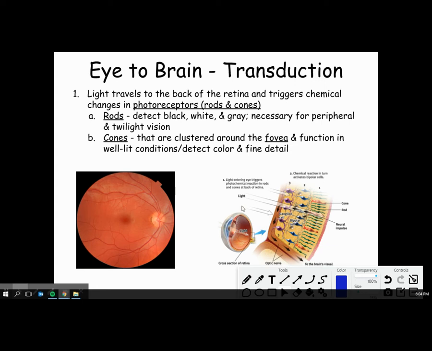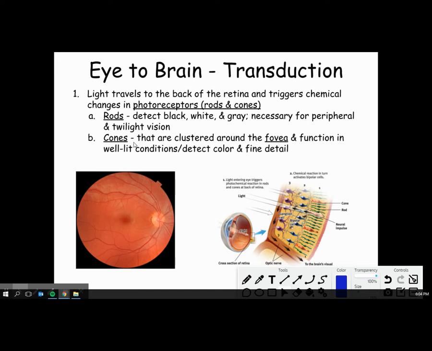At the point of central focus on the retina, there's a spot called the fovea. It's right here. This is an actual picture of a retina. The fovea contains photoreceptors called cones.